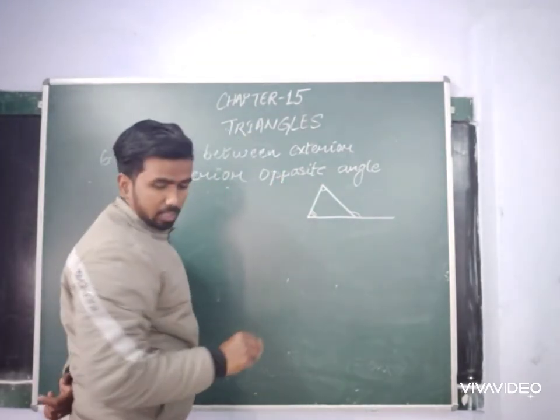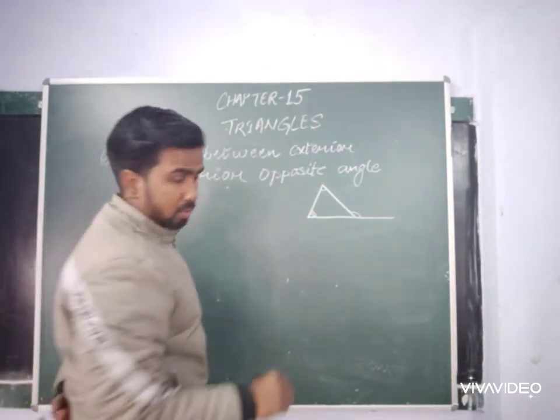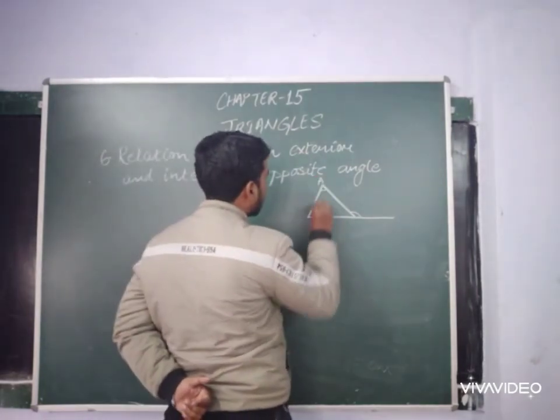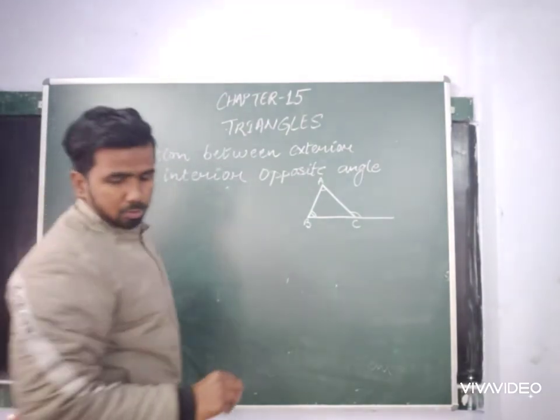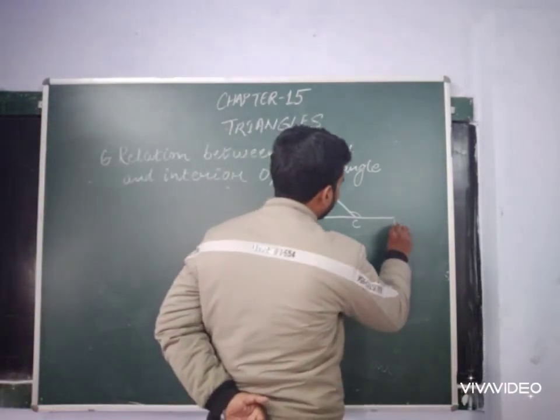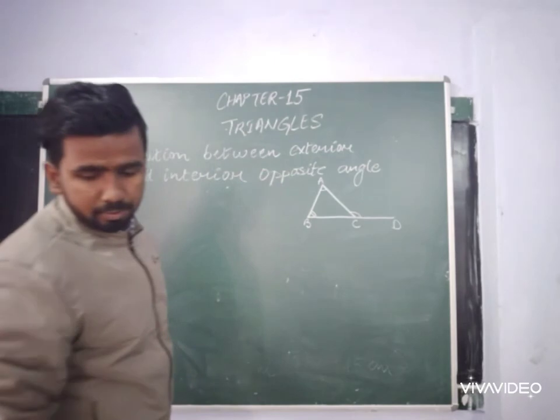Let us name this as A, B, C, and this one is D. Clear?